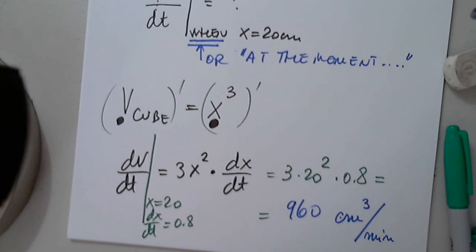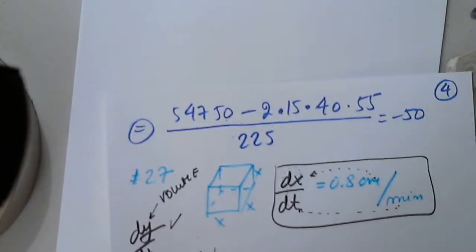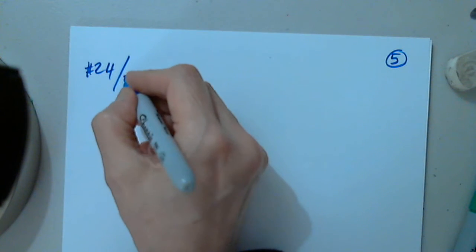Okay, so let's look at 24. So that's my page 5. 24. Same page, 365.